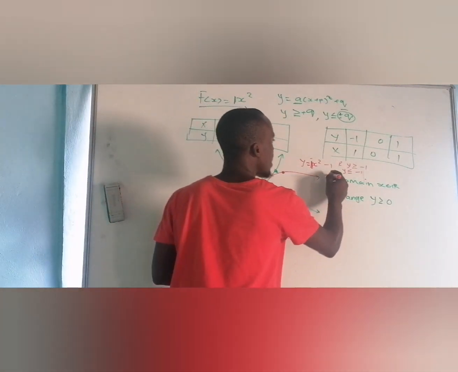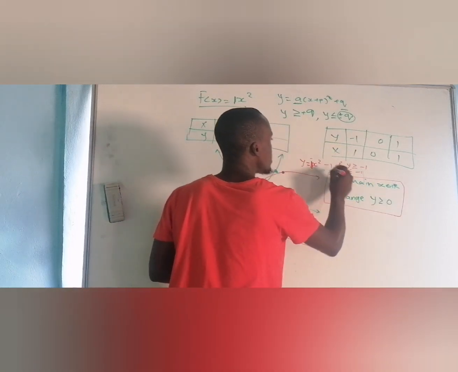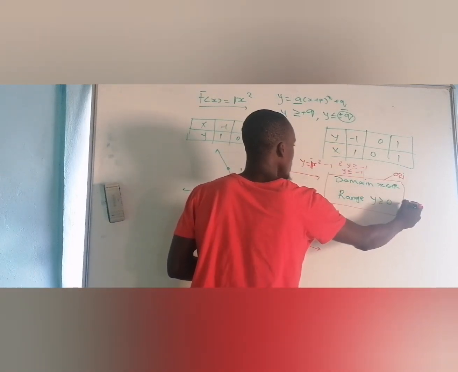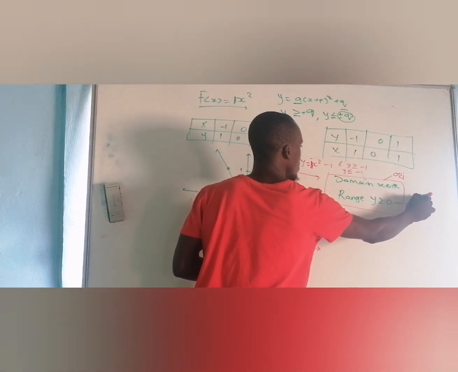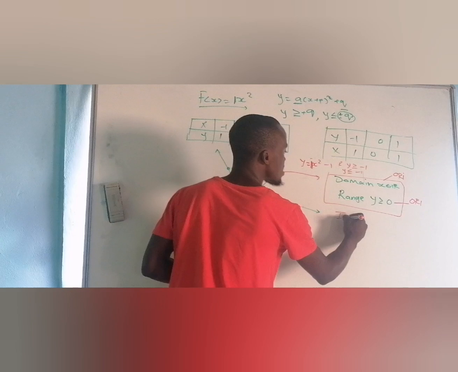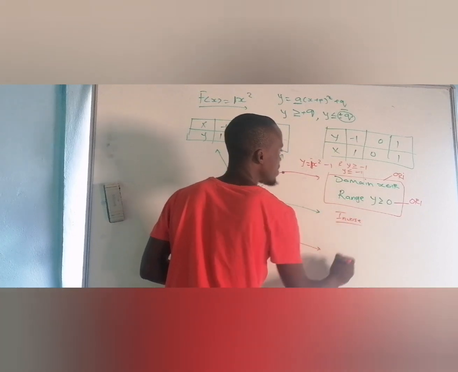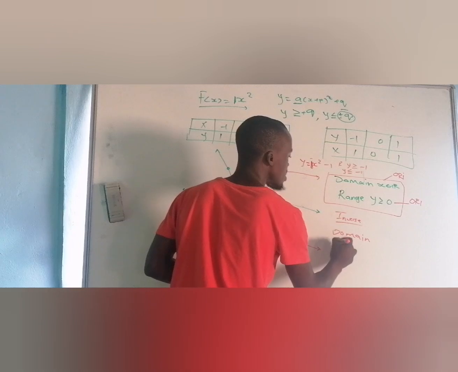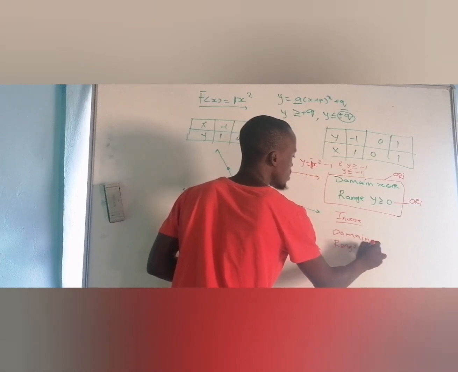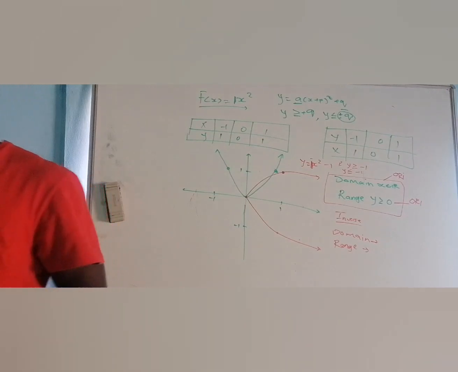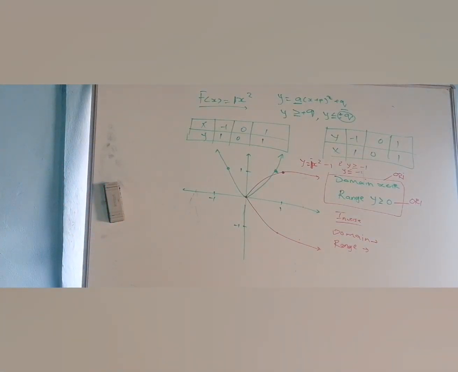So this is the domain for the original graph, and this is the range of the original graph. Therefore, let us write the domain of the inverse and the range of the inverse.